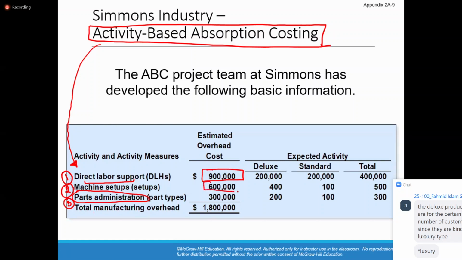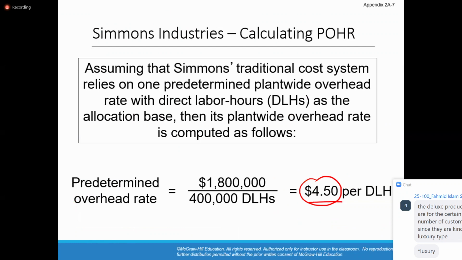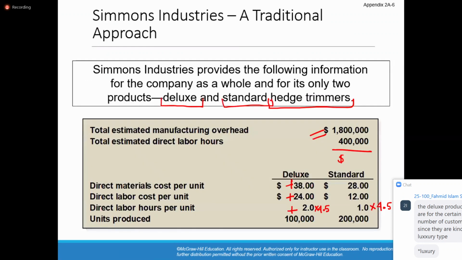For setting up machine activity in total, we need $600,000 overhead cost. And for assembly of products activity, we need $300,000. Okay. And what is the sum up of all the manufacturing overhead? $1.8 million. And you see that we incurred the same overhead expenses when we are using the traditional approach of applying the absorption costing.